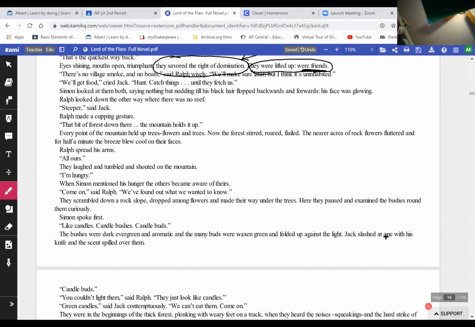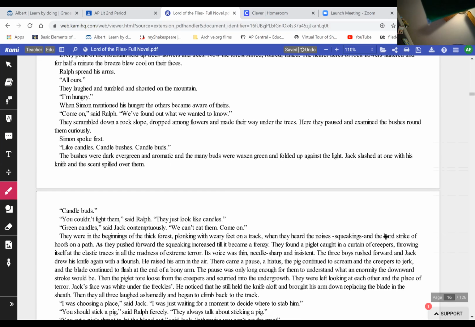To dominate other people. This is something that gives a little bit of foreshadowing with Simon. The boys see these things, they scramble up, drop the flowers. Here they pause and examine the bushes. Candle bushes, candle buds.